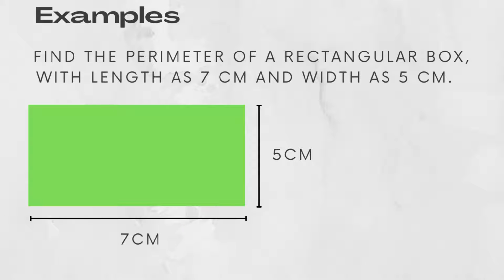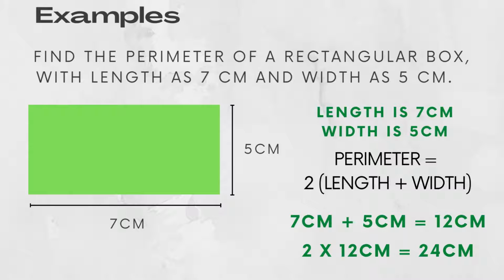Let's take a look at some examples of formulas being applied. Number 1. Find the perimeter of a rectangular box with length as 7 centimeters and width as 5 centimeters. The length is 7 centimeters and the width is 5 centimeters.